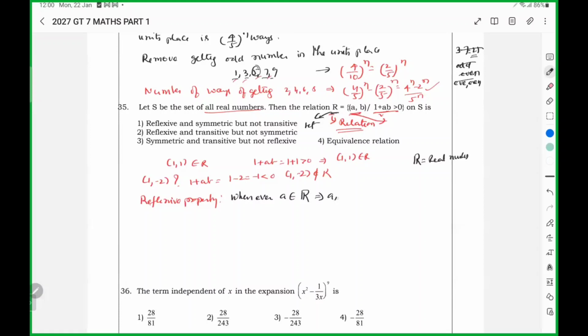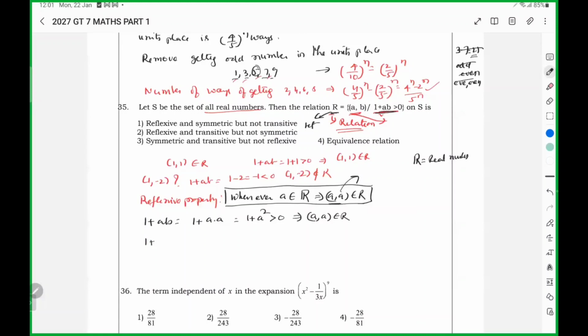Then a comma a must be there in the relation. When do you say it will be there? It has to satisfy this condition: 1 plus ab. In place of b, if I take a, 1 plus a square obviously will be greater than 0. a square is positive, which implies a comma a is there in R. I am able to prove that such an element is there. So it is reflexive.